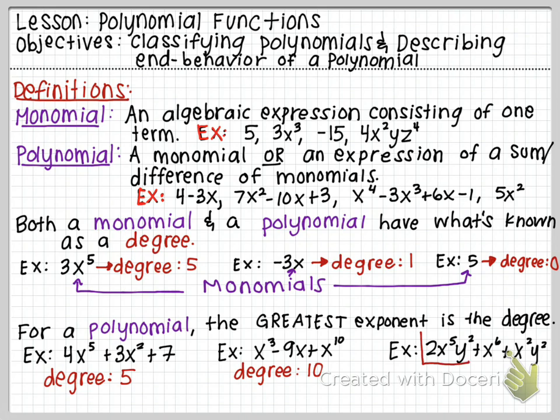So this whole thing is a monomial, and then here's a separate monomial, and here's another monomial, because remember with the definition of a polynomial up here, a polynomial is separated by a sum or a difference, right? So this polynomial, every single monomial is separated by a plus sign in this case. That means there are 3 different monomials.